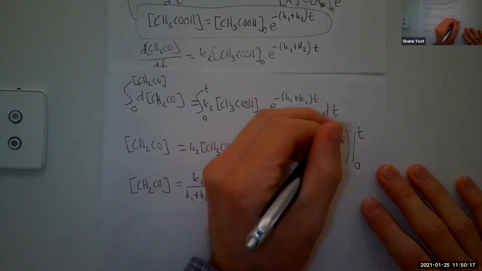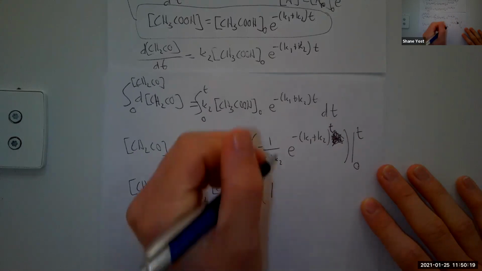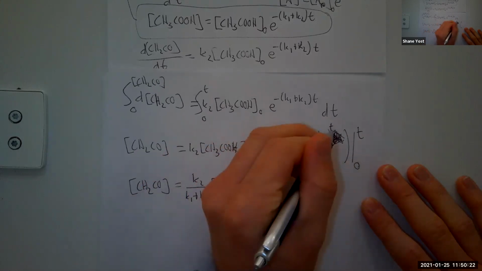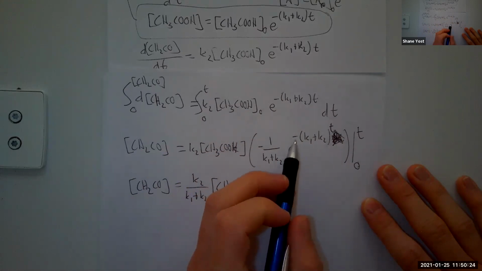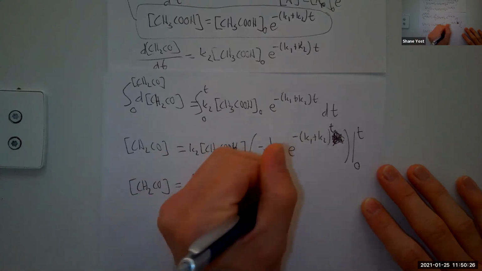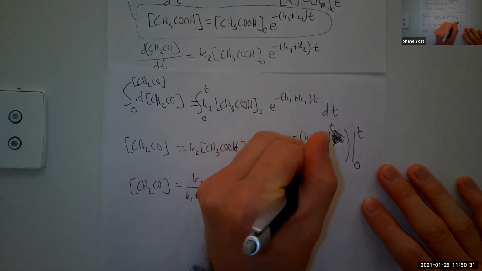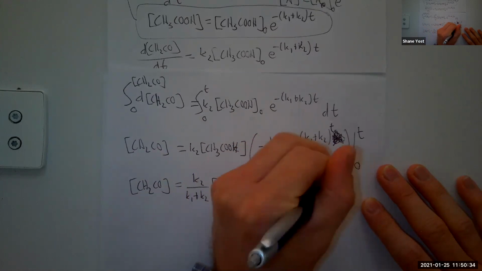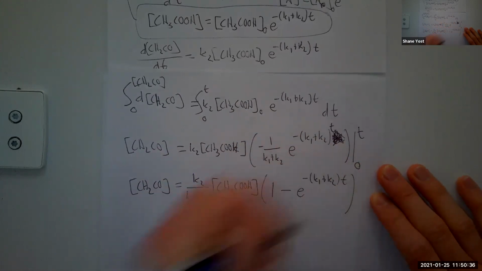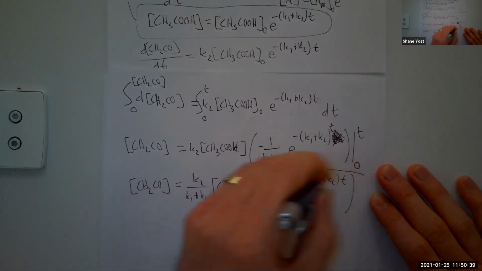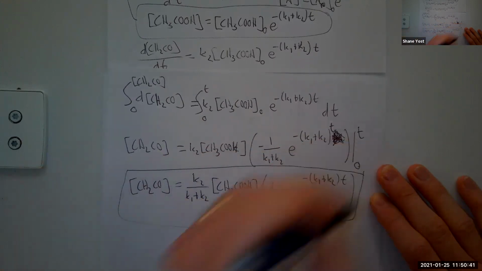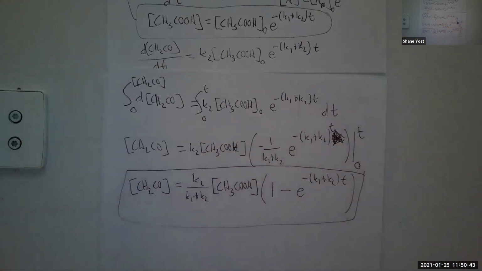At time 0, this is just equal to 1, because plugging t equals 0 in, e to the minus 0 is just equal to 1. So this is 1 minus e to the minus (K1 plus K2) t. All right, that is my final expression for the concentration of my ketene as a function of time.